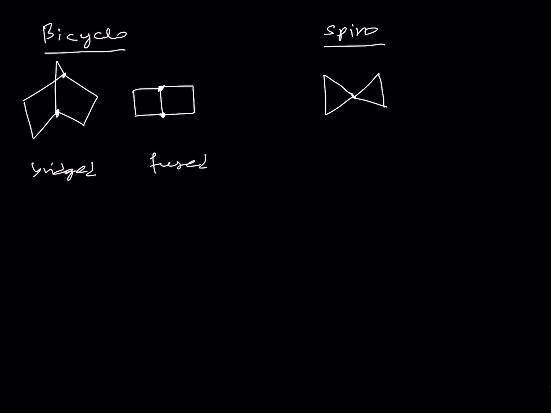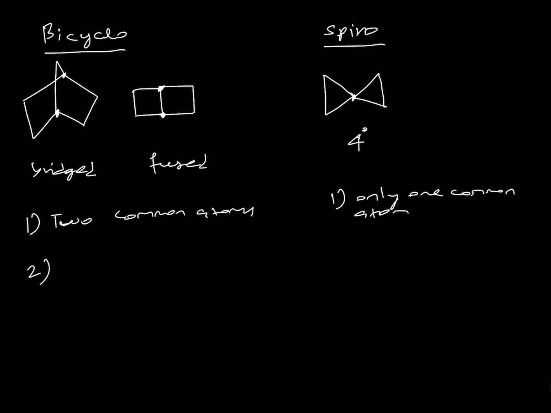In the Spiro case, you have only one common atom, which we call a quaternary carbon or 4-degree carbon. So here you have two common atoms, and here you have only one common atom.